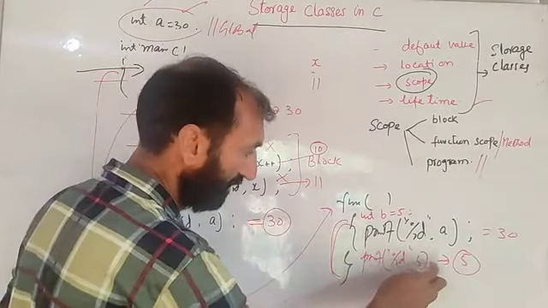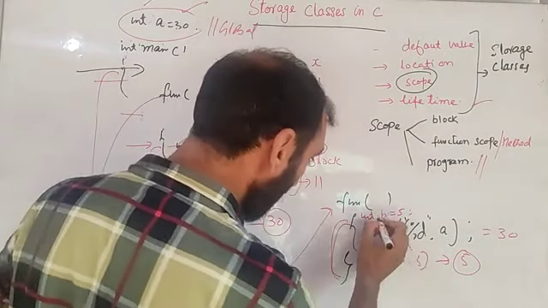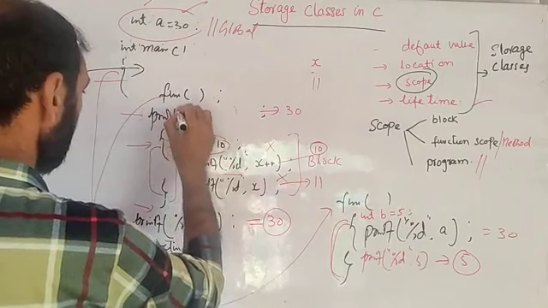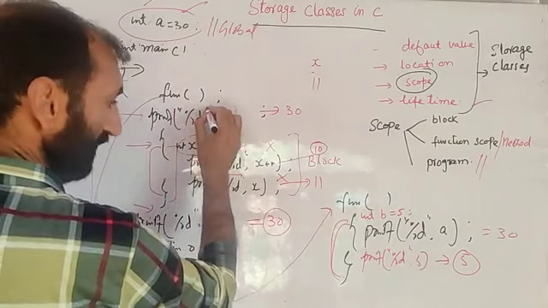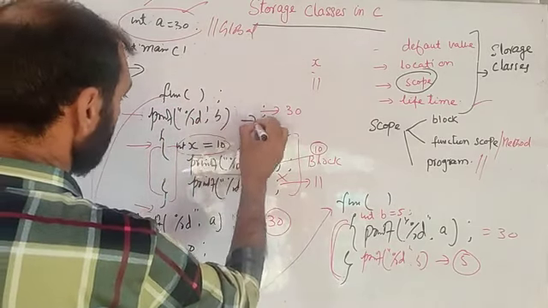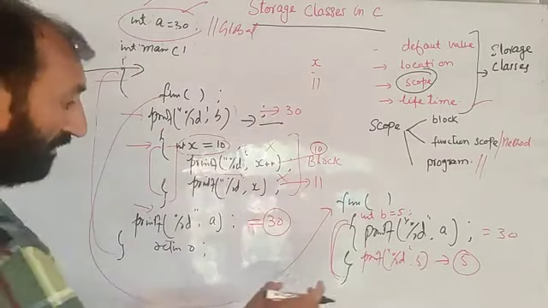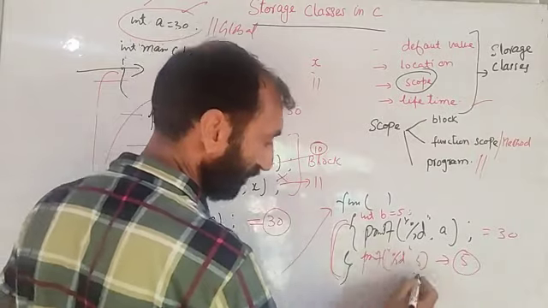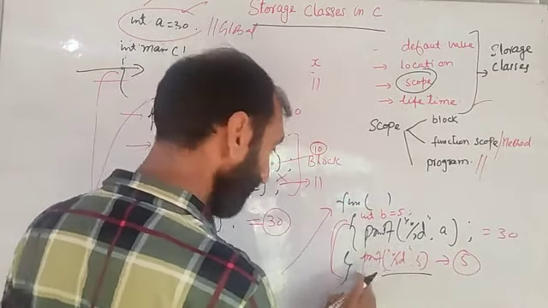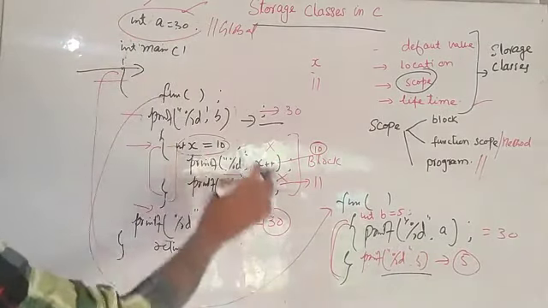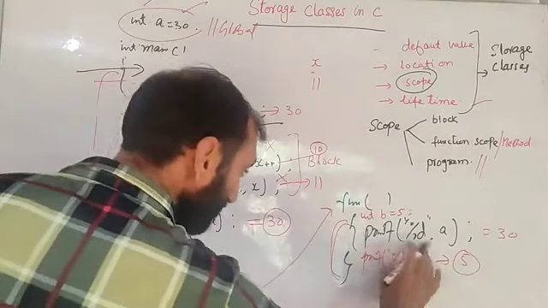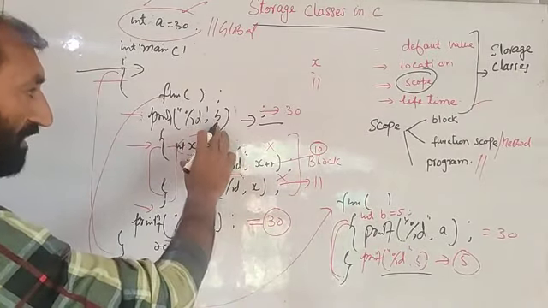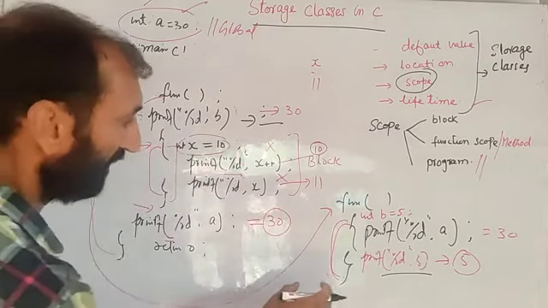The output of this line would be 5. But if I try to print the value of b in the main function, with printf percentage d, b, it will show me an error.